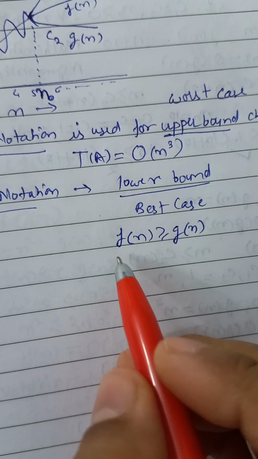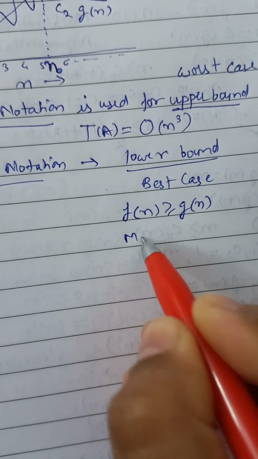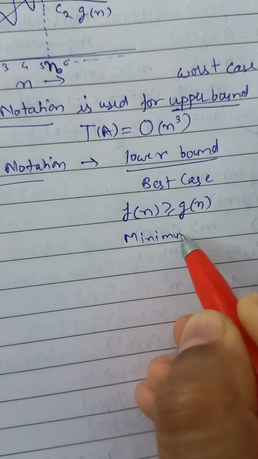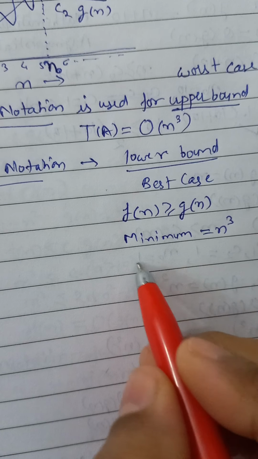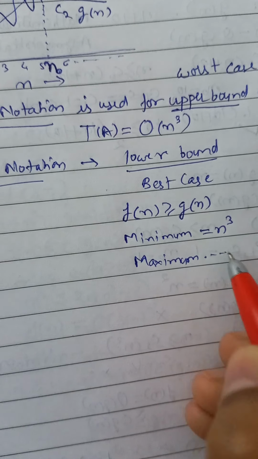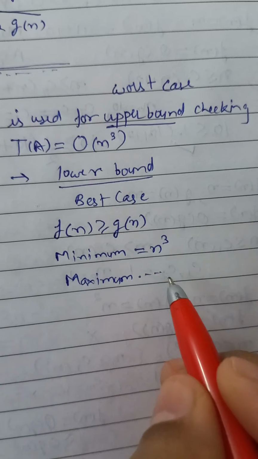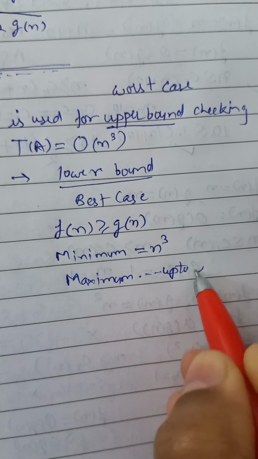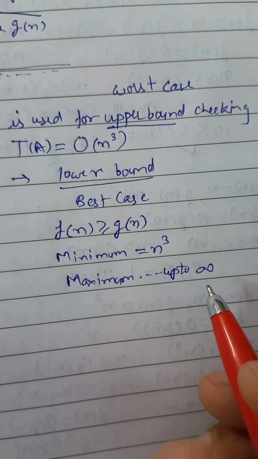So here always greater than Gn. So here minimum is n cube and maximum is up to infinite. Maximum can be up to infinite.